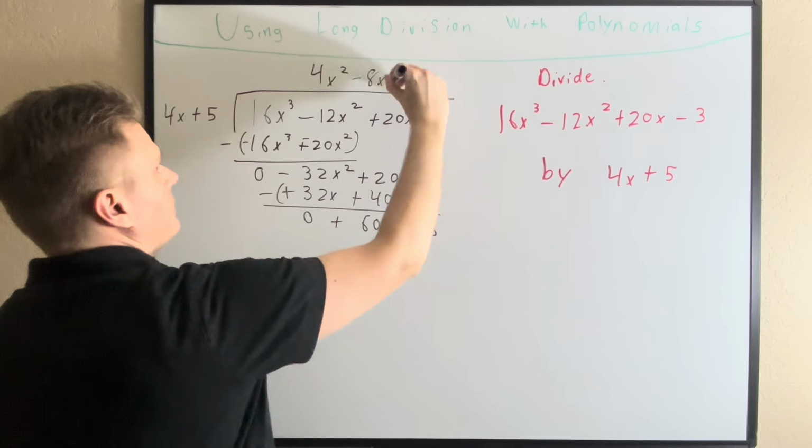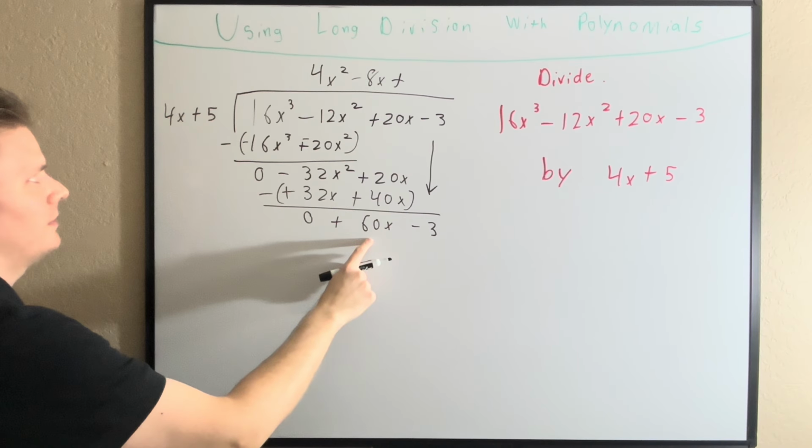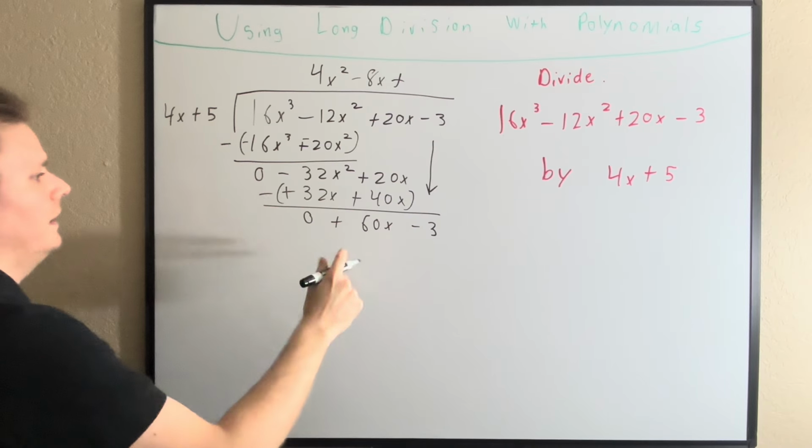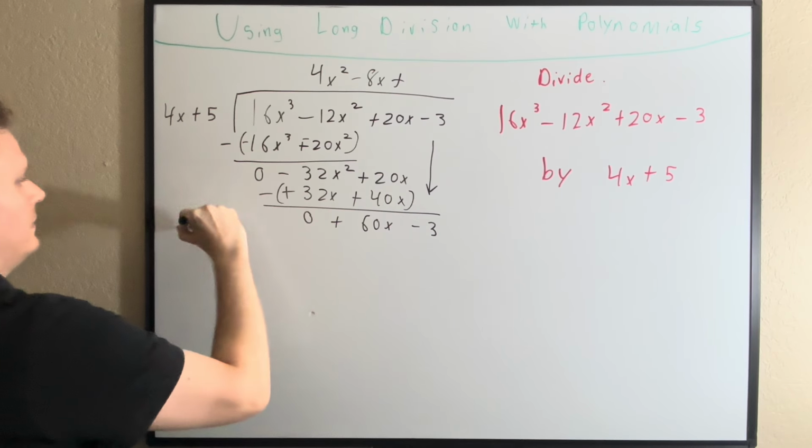Well, it'll be positive. 4 times what is 60? 15? Is that right? No. Yes, it is. 60 divided by 4.